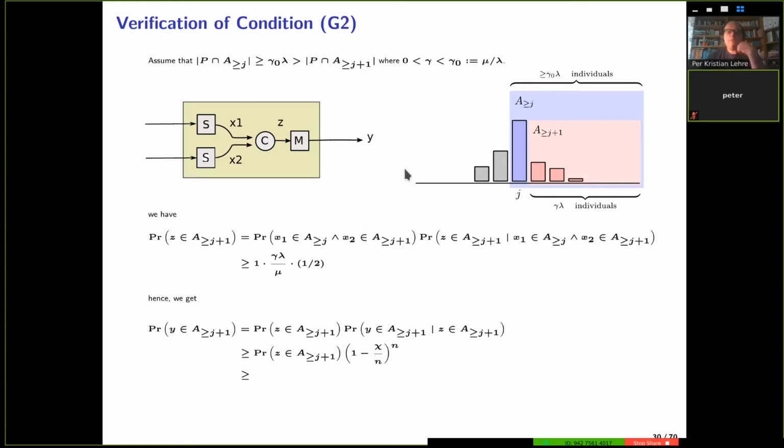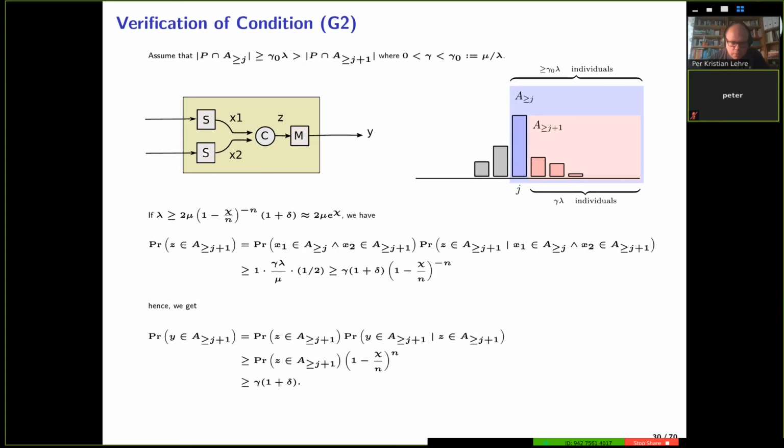Okay, but I'm interested in the final step here. I want to have, after mutation, an individual with fitness j plus 1. So it's sufficient to first obtain an individual z which belongs in j plus 1, and then mutation doesn't flip any bit. So this is this probability here.